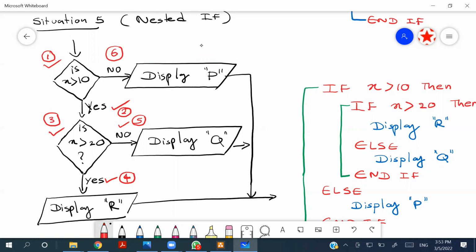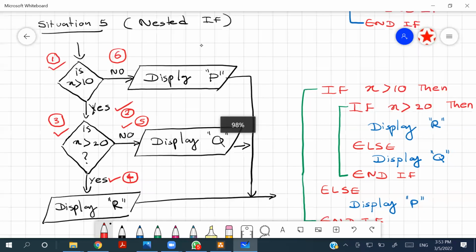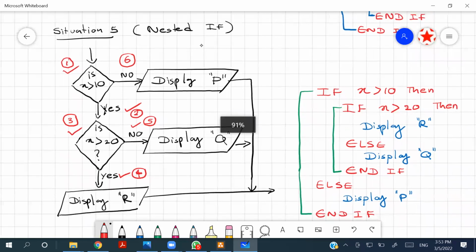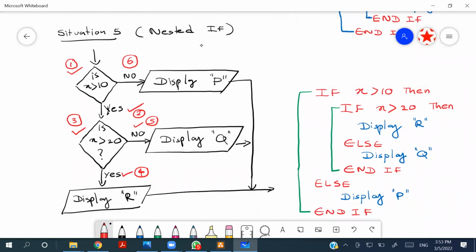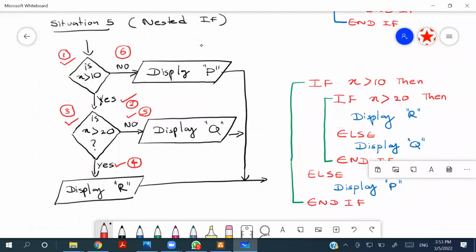I'm keeping the numbers to see what happens in an order. So if you really want the numbers, you can write it. But remember, it's not a part of the flow chart. It is just for the explanation. If you really don't want how the things are being changed, you can go with only the flow chart and then the pseudocode.